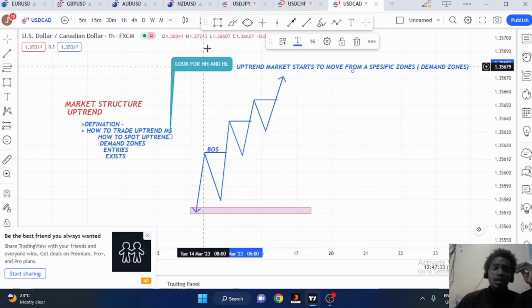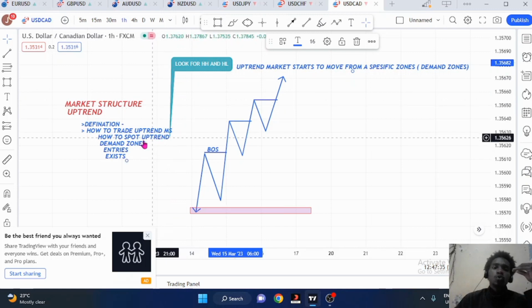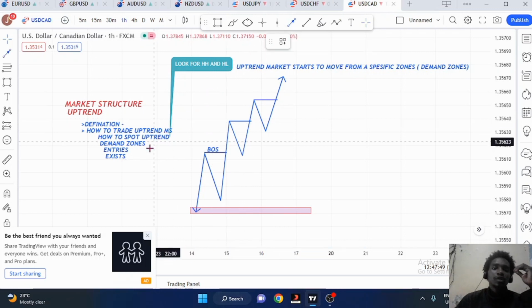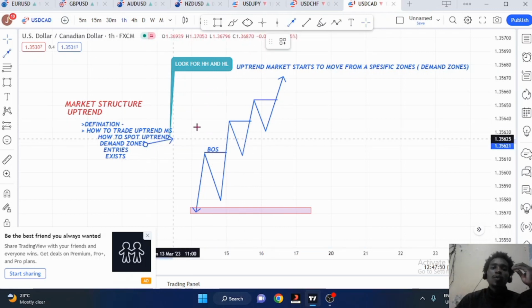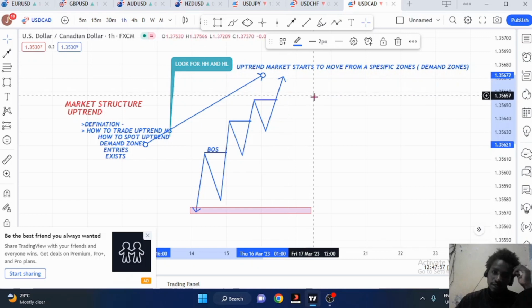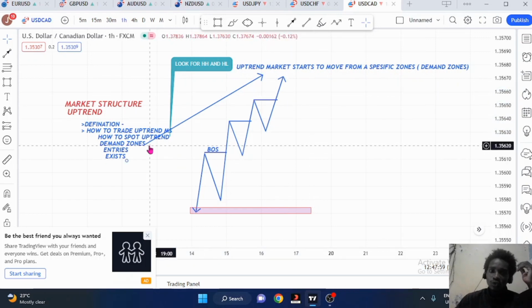Let's go back to the demand zone. You have to know what a demand zone is. A demand zone is a specific zone where an uptrend market starts moving towards its direction. That is the demand zone.